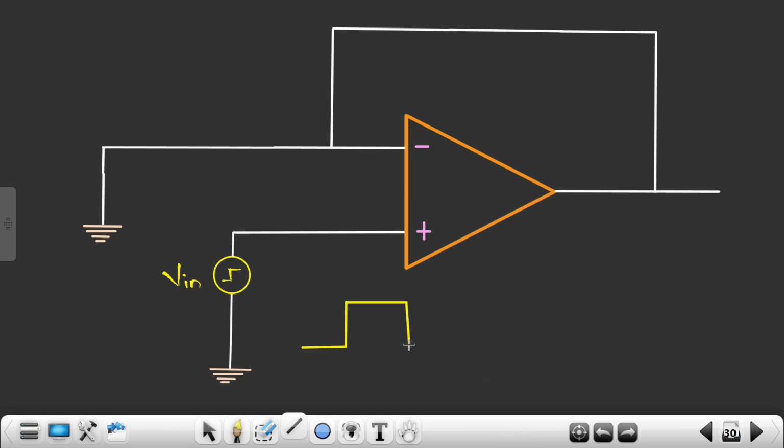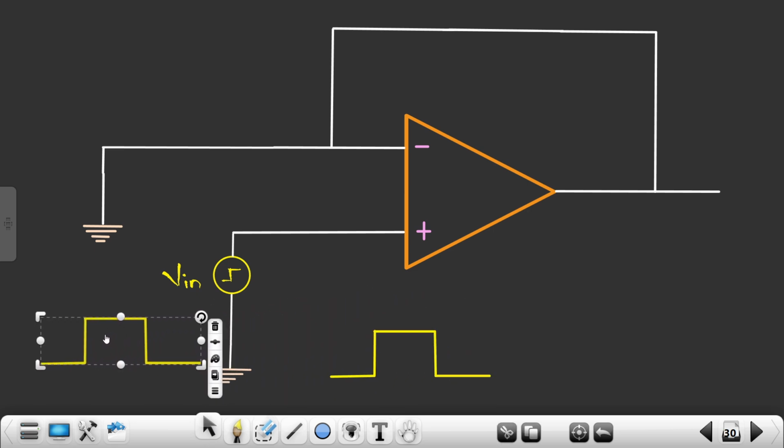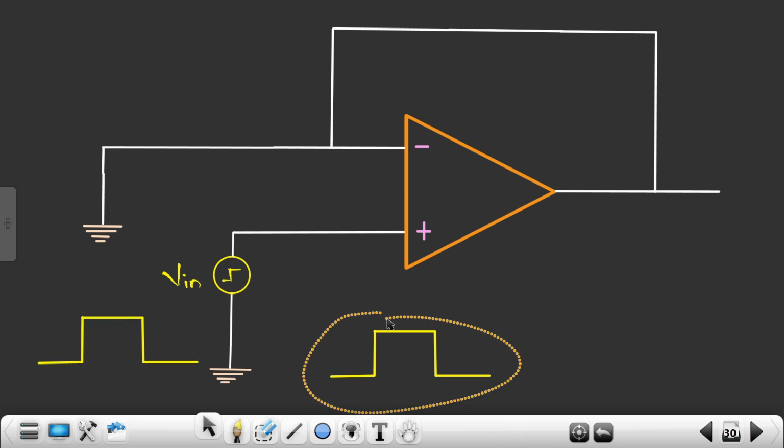This is the signal that I'm giving to the input of the buffer amplifier, something like this. Let me draw it properly. Now let me copy and paste it. So this is the input signal that I'm giving to the buffer amplifier.